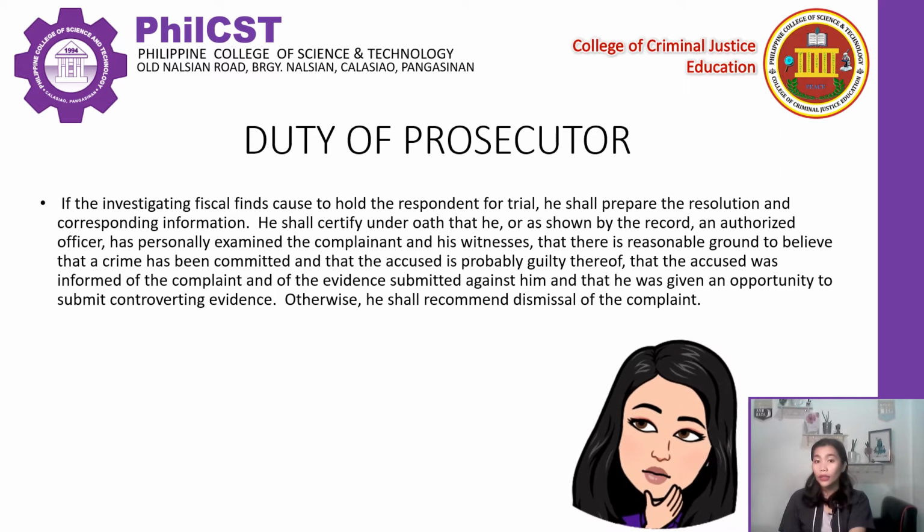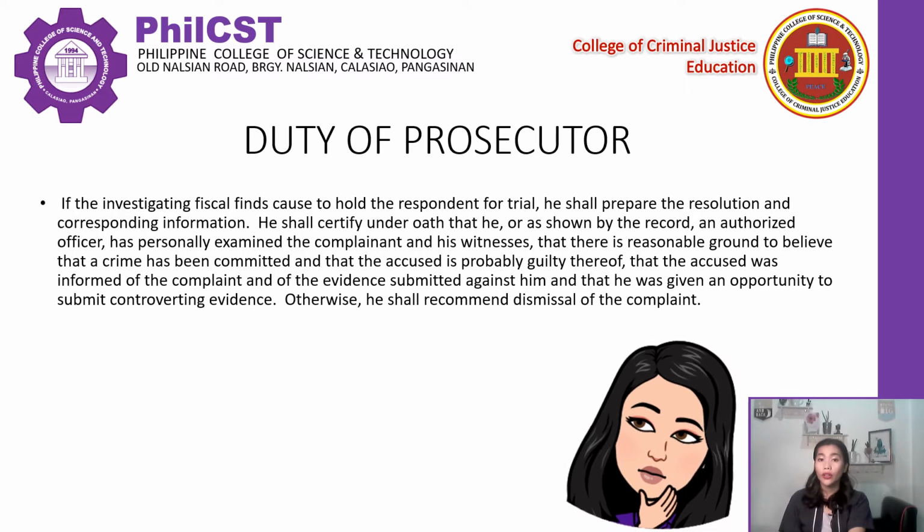Where the investigating assistant fiscal recommends the dismissal of the case but his findings are reversed by the provincial or city fiscal or chief state prosecutor on the ground that a probable cause exists, the latter may, by himself, file the corresponding information against the respondent or direct any other assistant fiscal or state prosecutor to do so, without conducting another preliminary investigation.